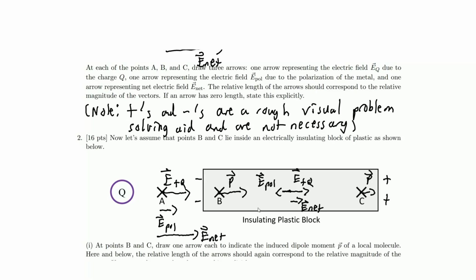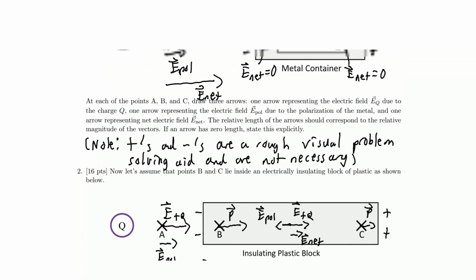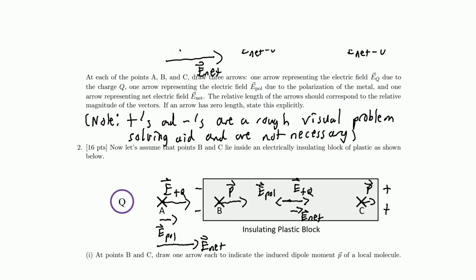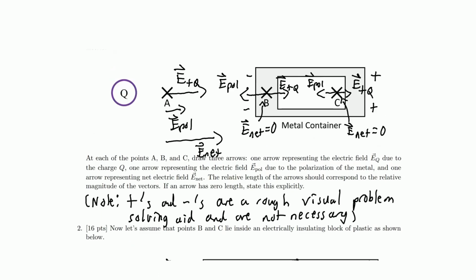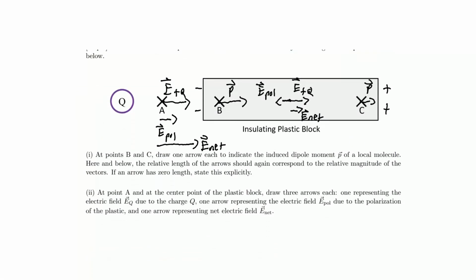And the difference between points lying inside an insulating plastic block and a metal container is that the insulating plastic block does not have a net electric field of 0, and the metal container does. So yeah, that's how you solve this problem.